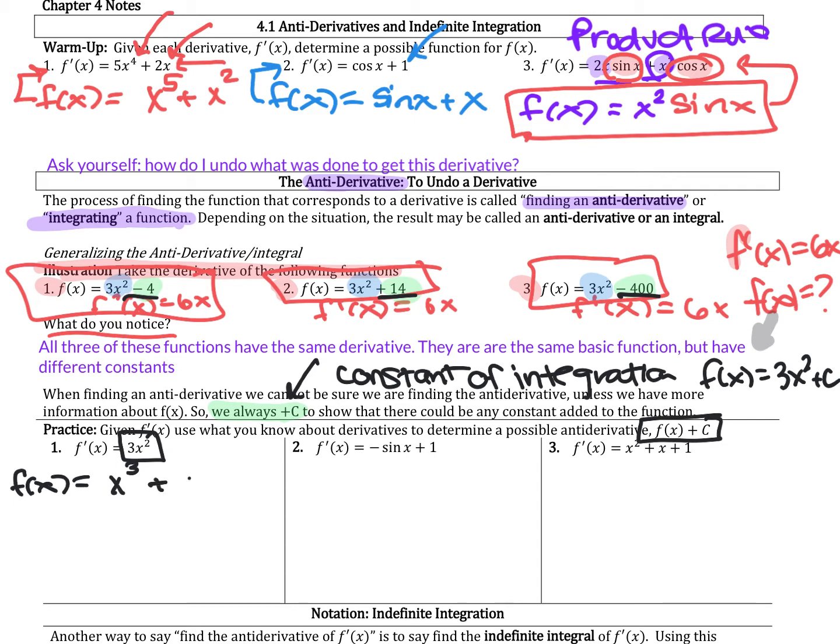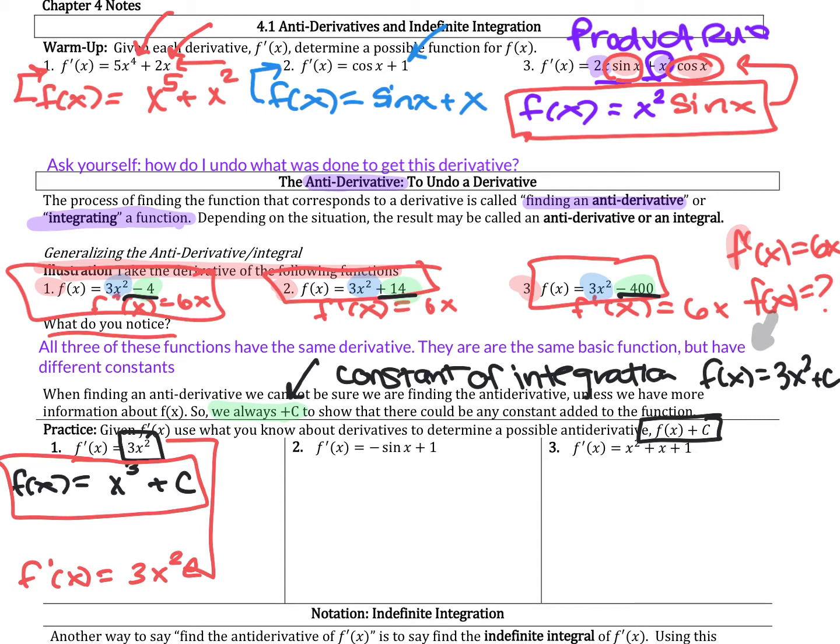And I know I need to hold some placeholder for c. And then off to the side or in my head, I want to confirm that this does actually make sense. If I took the derivative here, I would get 3x squared, and the derivative of c, whatever number that is, would be 0. So I have confirmed for myself that this function does represent every possible antiderivative of the derivative.